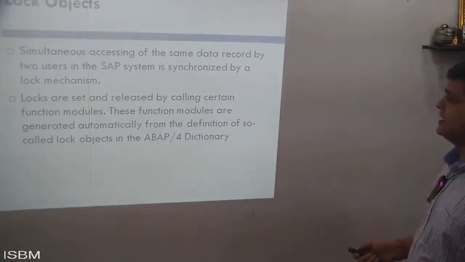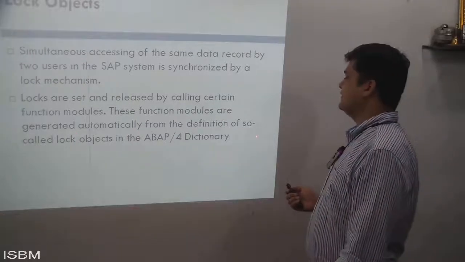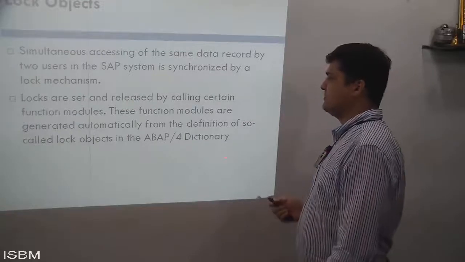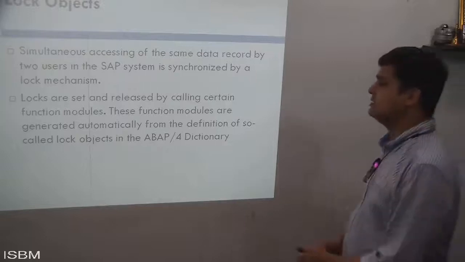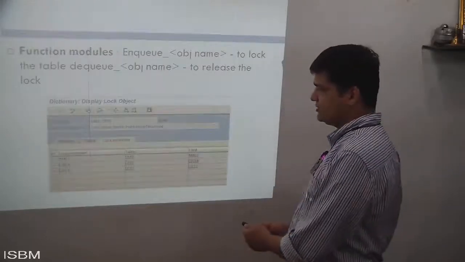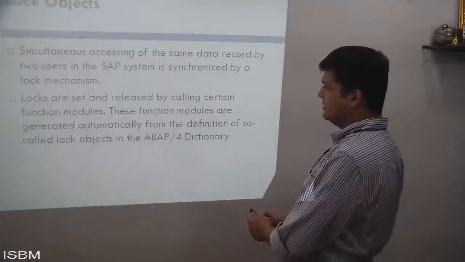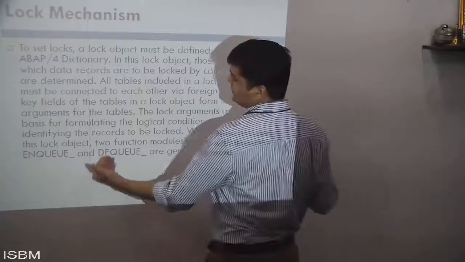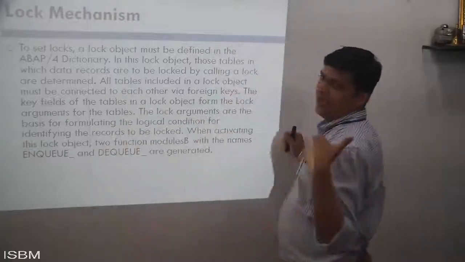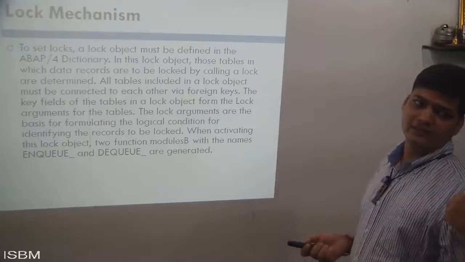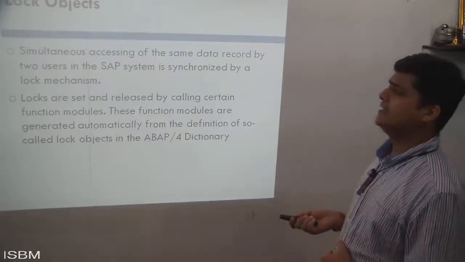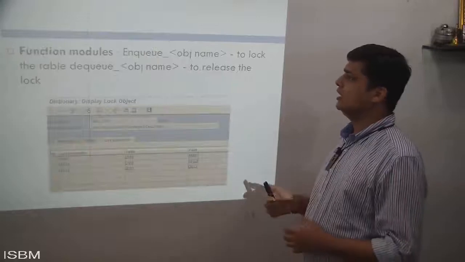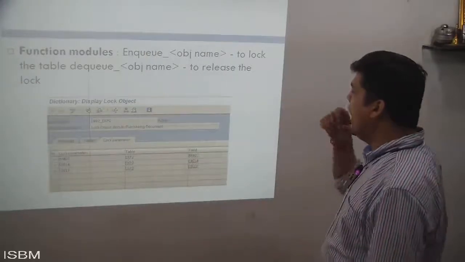These function modules are generated automatically from the definition of a so-called lock object by the ABAP dictionary. So there are two function modules, ENQ and DEQ. With the help of those, we are locking any system or anything in SAP, which is called lock objects.